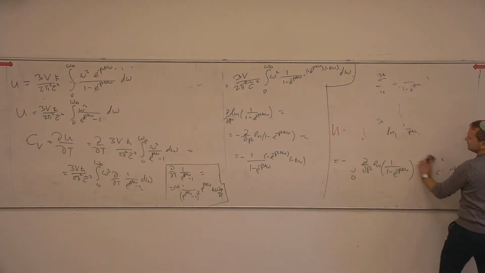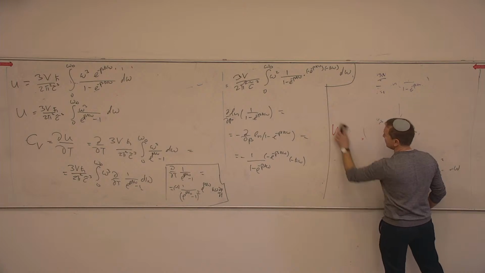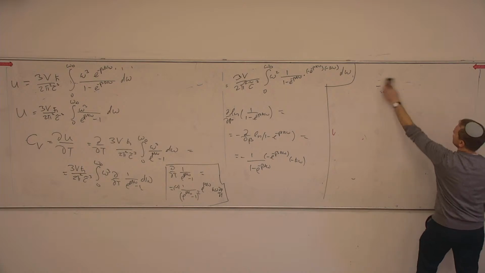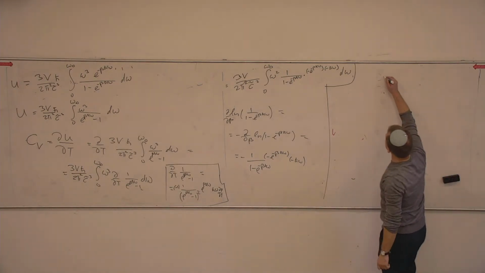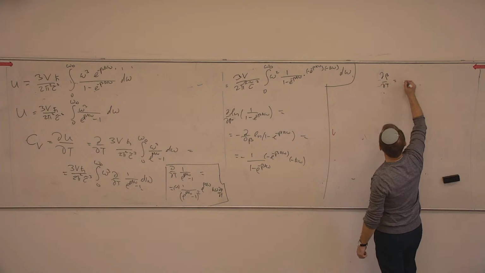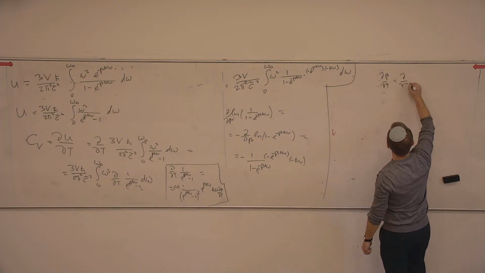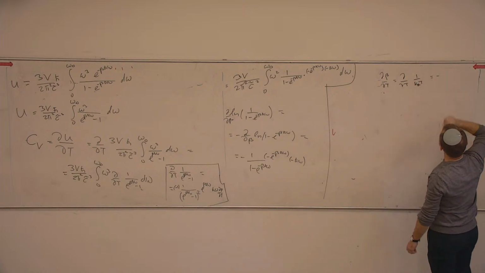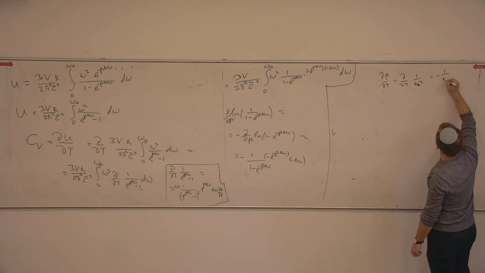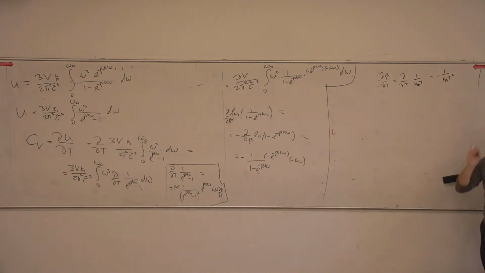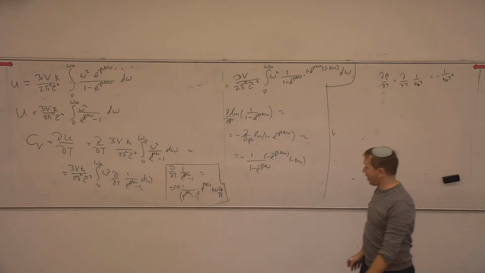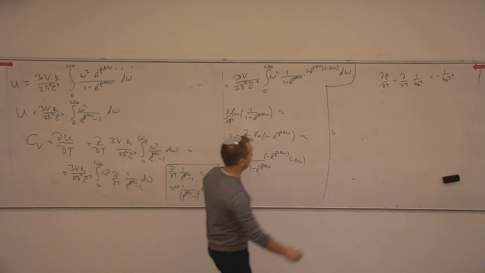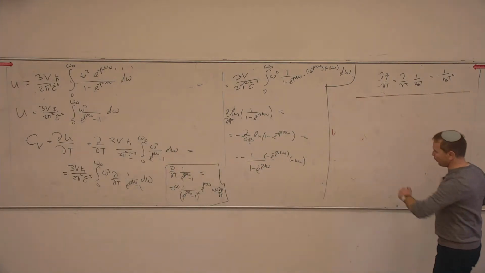Now, what is d beta/dT? Negative 1 over k T squared. Let's write it down. So d beta/dT is d/dT of 1 over k Boltzmann T, which equals minus 1 over k Boltzmann T squared. Okay, we're almost there.